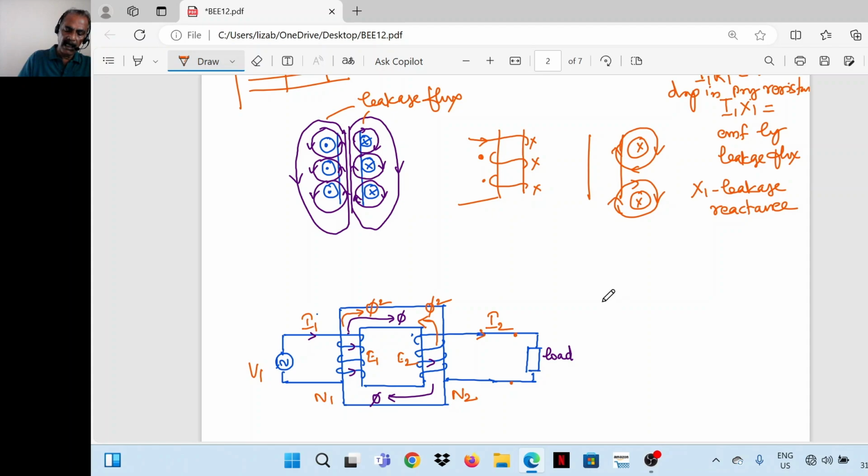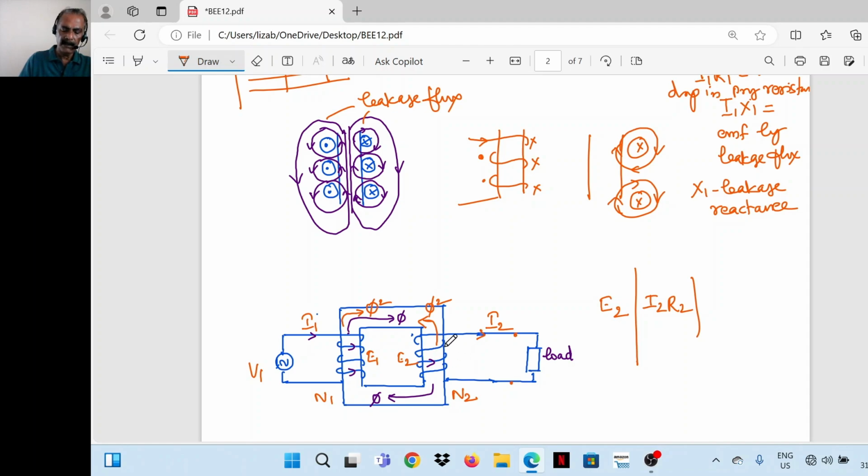So the secondary EMF induced in the winding is equal to E2. Then when current flows through it, when it is loaded, the secondary winding also has resistance. There is a voltage drop in the secondary winding resistance, that is I2 R2.